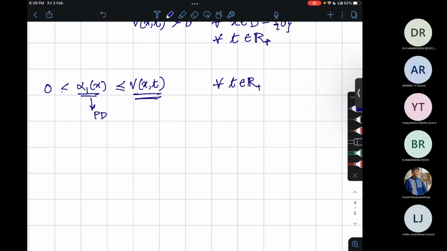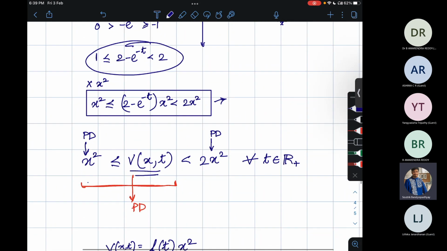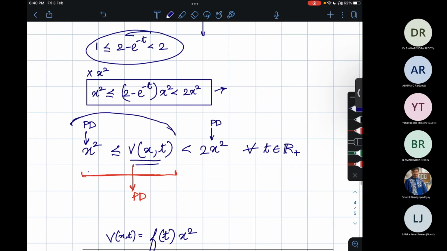Am I correct? Yes, sir. Okay. So the left hand part of this bound you have understood. This is nothing but the positive definiteness quantity in simple terms, right?